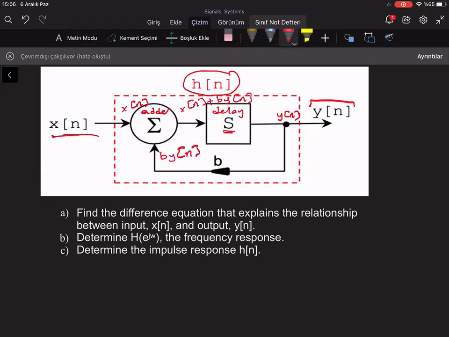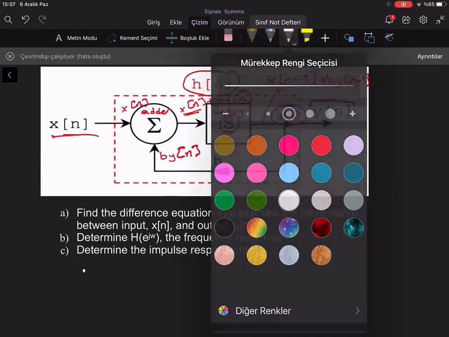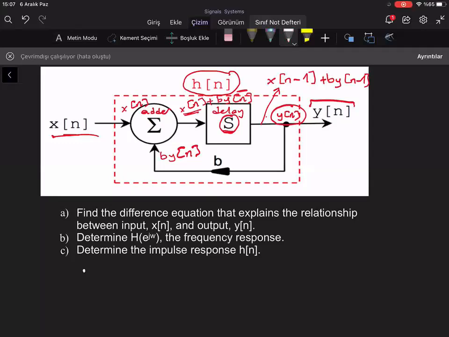And then there's a delay unit, which takes the delay of this one and this one separately, and finally I will have x n minus 1 plus b y n minus 1 as the output here, and it is also equal to y of n. So that's why I would like to write now the difference equation that we have found: x n minus 1 plus b y n minus 1 equals y of n.